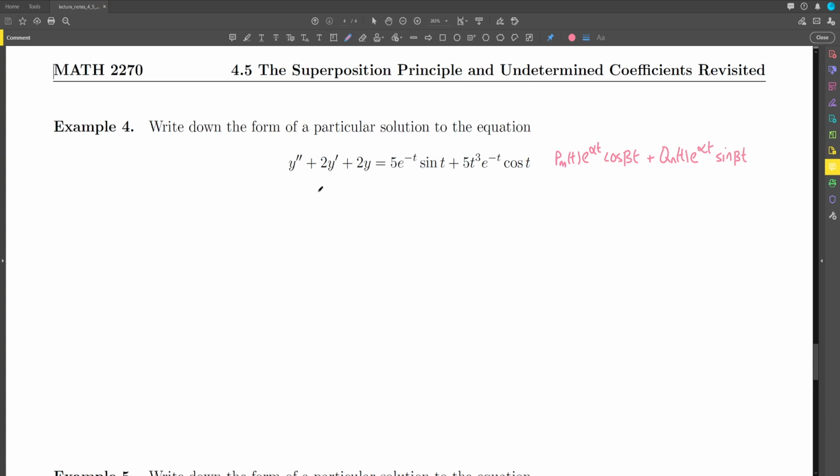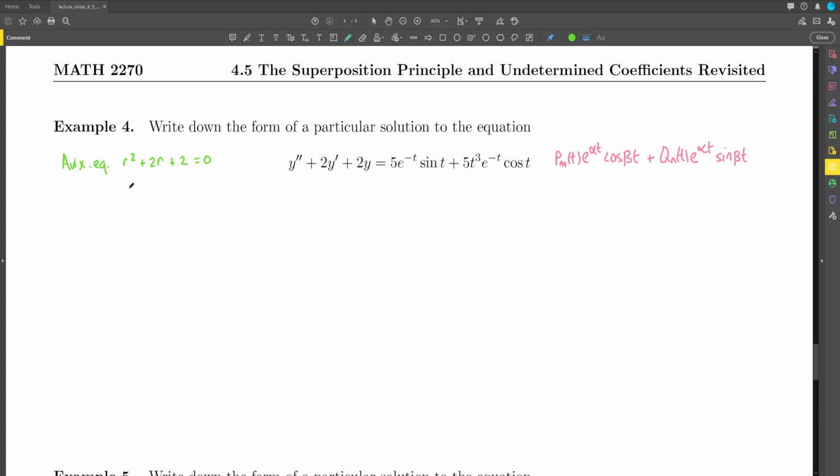And then on the other hand, we also need to figure out what are the solutions to the auxiliary equation. So here on the right, the auxiliary equation for this differential equation is r squared plus 2r plus 2 equals 0.